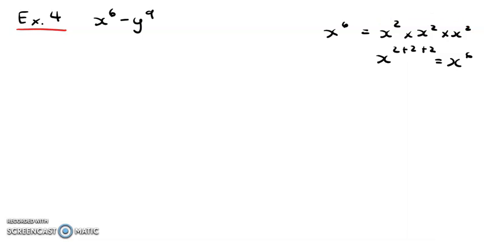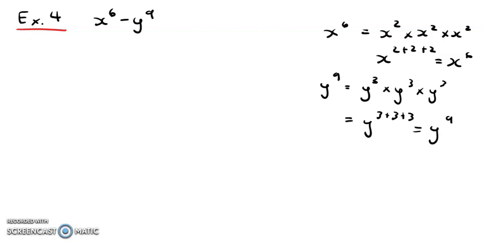So we're going to use that when we're solving this. Same thing with y to the 9. y to the 9 can be expressed as y to the 3 times y to the 3 times y to the 3, right? And then because of exponent laws, we're going to add up all of these powers and we get y to the 9. And again, we're going to be using this in this formula.